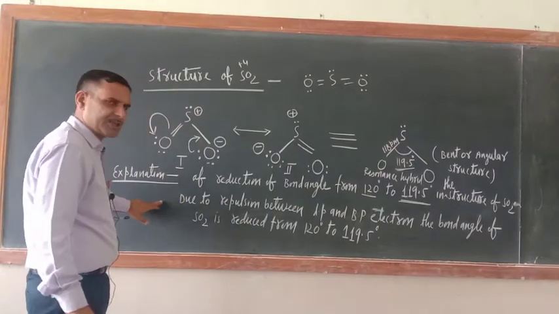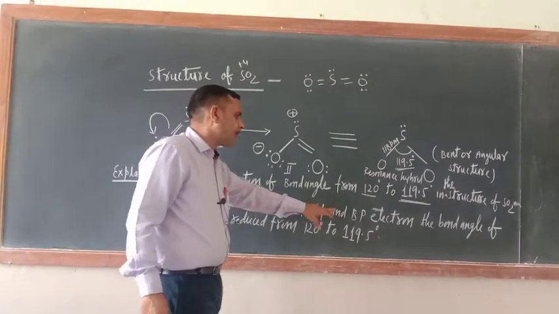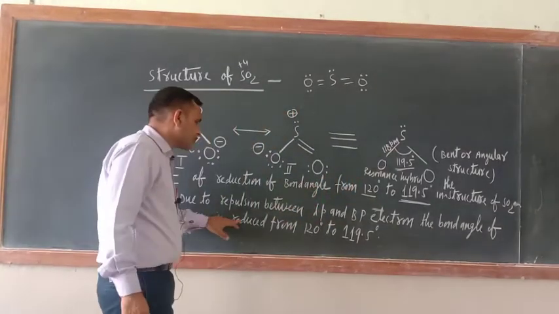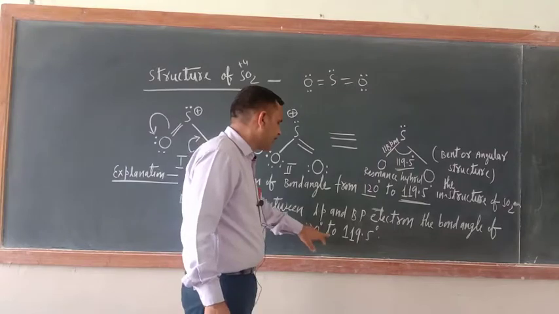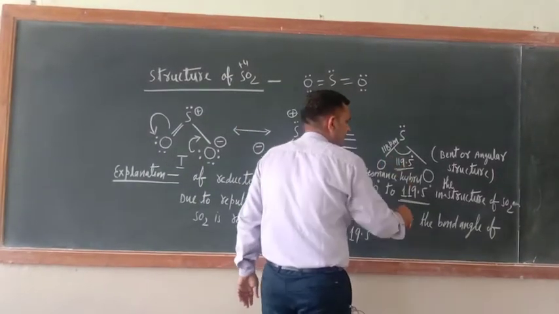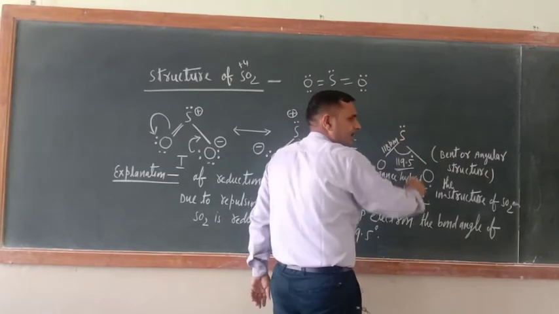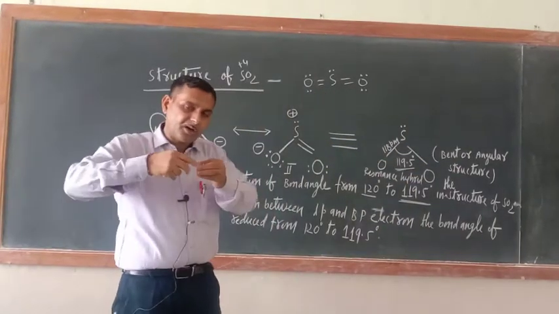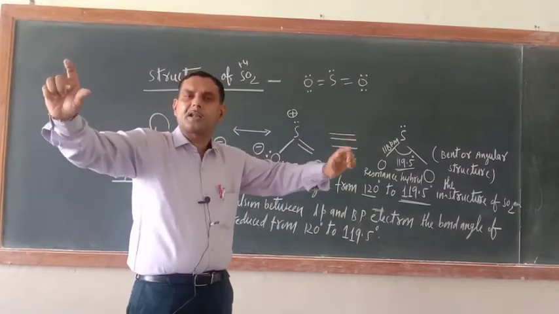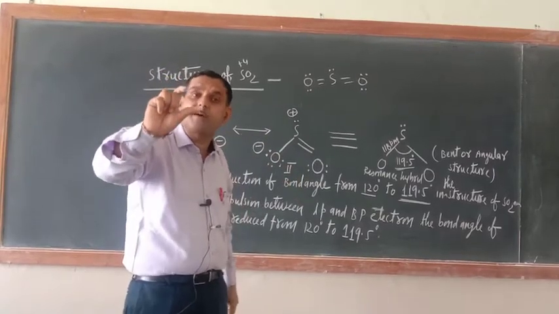So what is the explanation? The explanation is that due to repulsion between lone pair and bond pair electrons, the bond angle of SO2 is reduced from 120 degree to 119.5 degree. Just try to understand here. This is the lone pair and this is the bond pair. Already I taught you that because of bond pair repulsion, there is an elongation of bond angle. But due to lone pair and bond pair repulsion, there is a shrinking of bond angle.